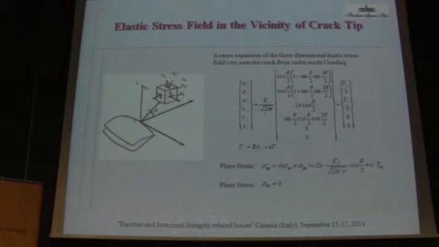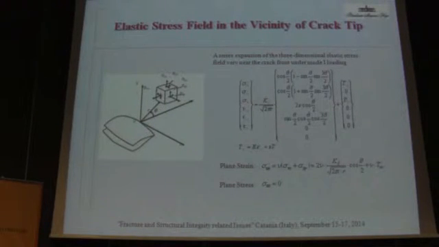But coming back again to the series expansion of the three-dimensional elastic stress field very near the crack front under mode 1 loading, there are two special cases, plane strain and plane stress. But normally, all engineering components and specimens are situated between these two stress state situations.